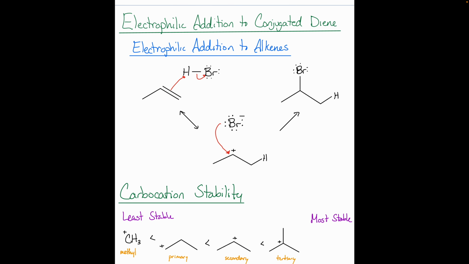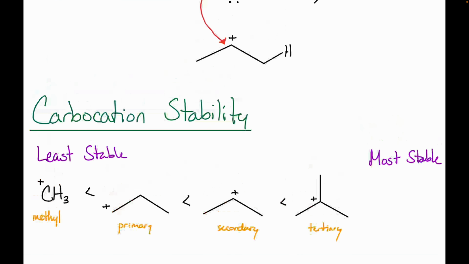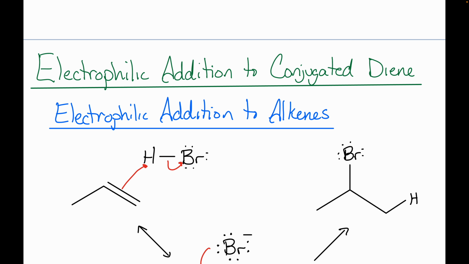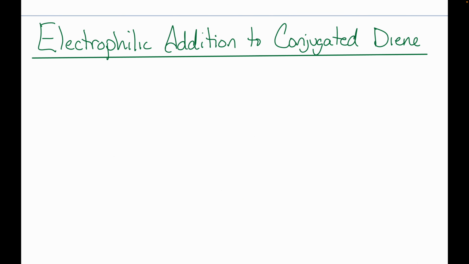All right, but now we're not talking about just regular old alkenes. We're talking about our conjugated dienes. I'm just going to steal this same header. All right, so rather than propene, I'm going to use 1,3-butadiene here, our smallest possible conjugated diene.